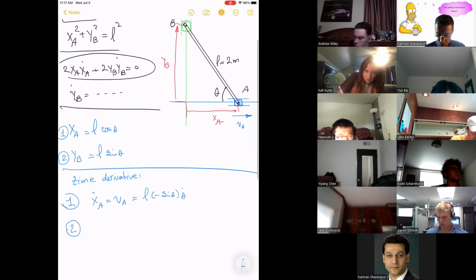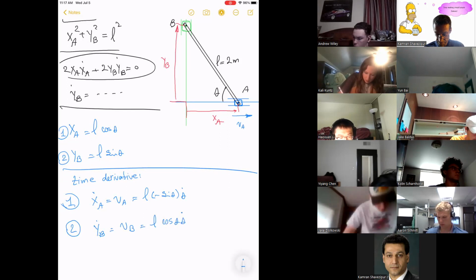And equation 2, yb dot, which is VB, equals L cosine theta, theta dot. Is it correct?